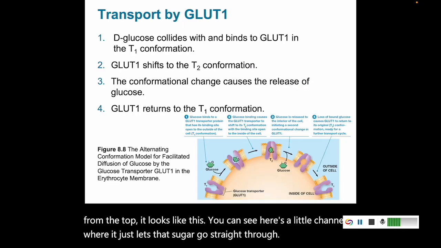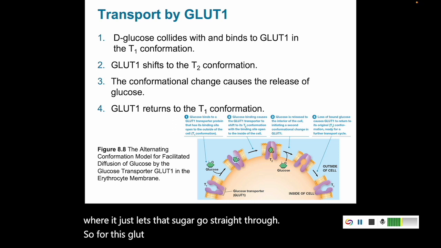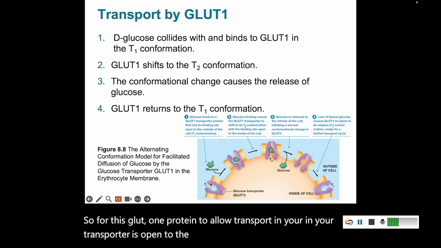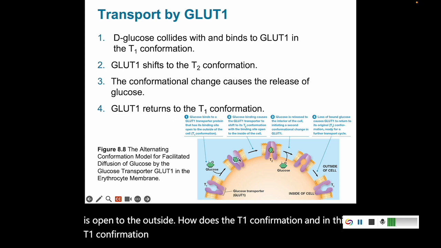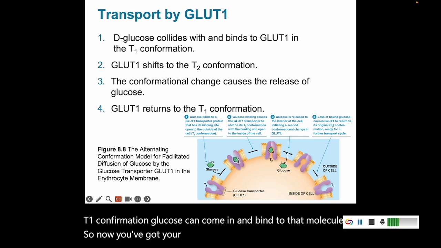So for this GLUT1 protein to allow transport in, first your transporter is open to the outside. That is the T1 conformation. And in this T1 conformation, glucose can come in and bind to that molecule. So now you've got your substrate bound, your solute bound.